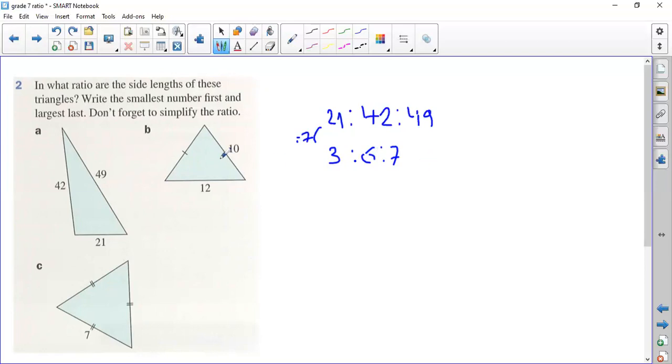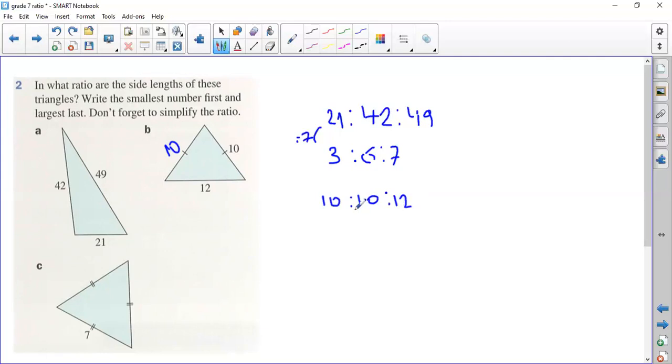Let's see B. It is an isosceles triangle, so this side is 10. From this symbol, I can understand that this one is 10 too. So the ratio will be 10 to 10 to 12. Okay. Is it in the simplest form?